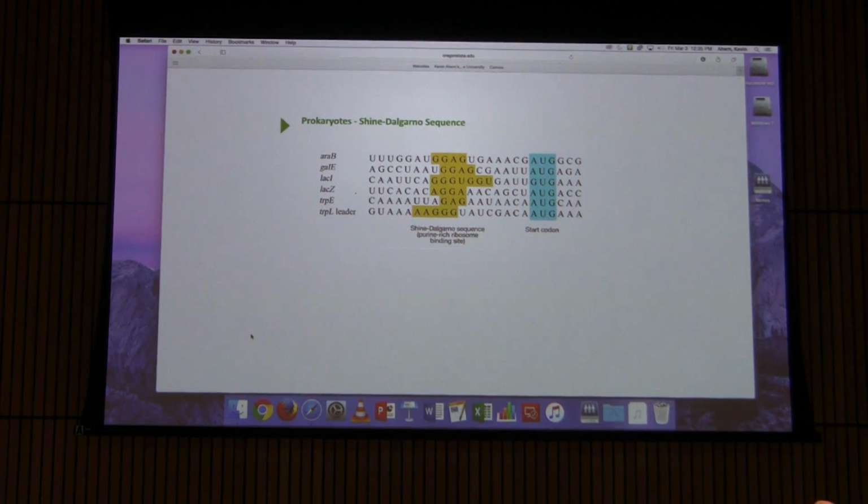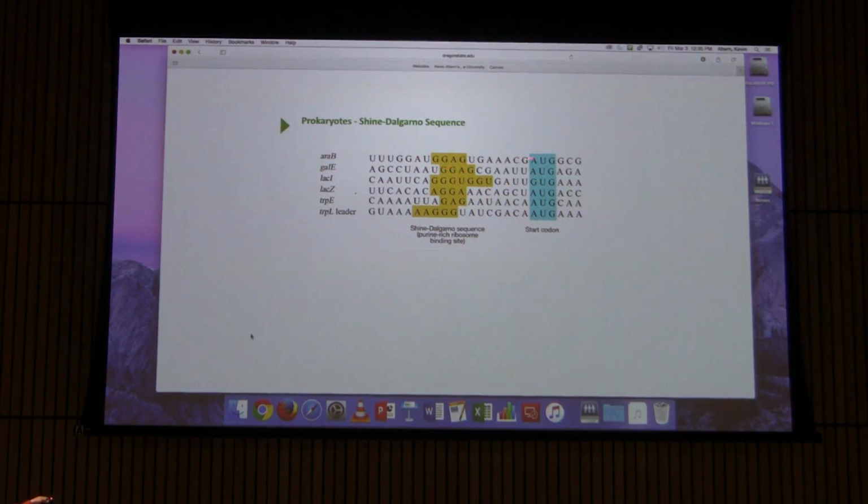Alignment is critical. And the way that alignment occurs in prokaryotic cells is through a base pairing that occurs between a sequence in the messenger RNA and a sequence in the 16S ribosomal RNA. Okay? What you see on the screen is an alignment of the AUG of a variety of genes in E. coli.